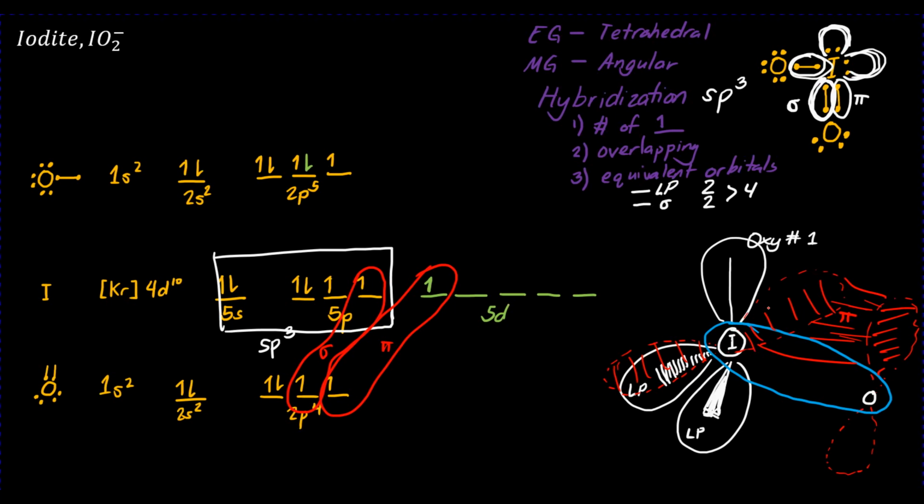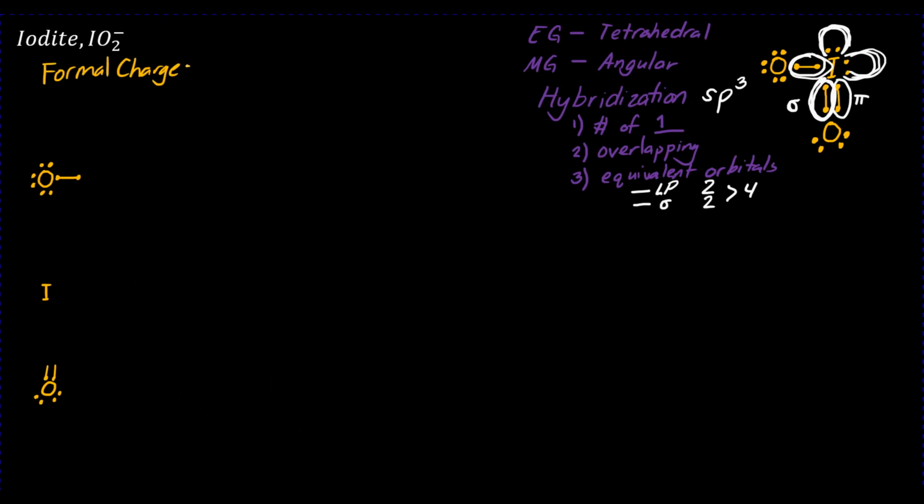Now let's move on to formal charges. Okay, there's a formula for computing the formal charge, and that is you first consider the group number minus the number of unshared electrons minus the number of shared electrons.